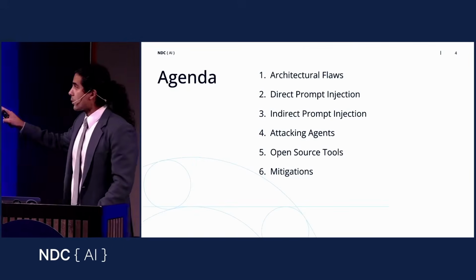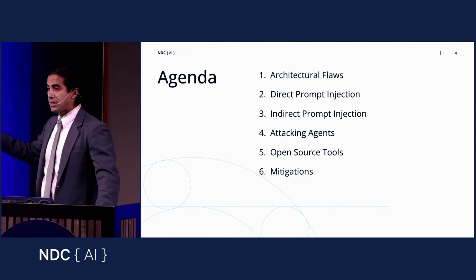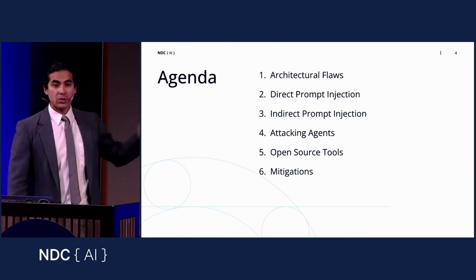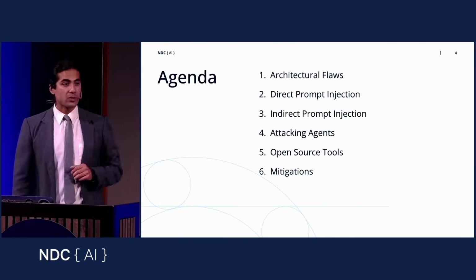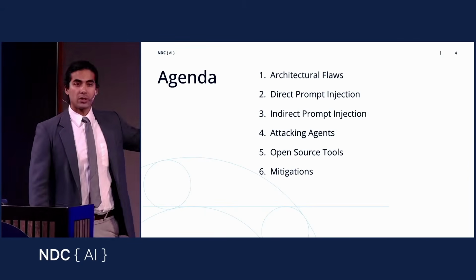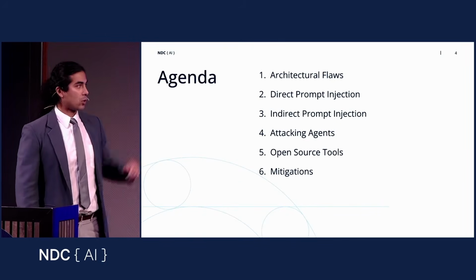This is a quick overview of the agenda for the different topics we will cover in this presentation. We'll first start with the architectural flaws that these systems have. Then we will discuss two types of prompt injections. Many of you, I'm sure, are already familiar with direct and indirect prompt injections.